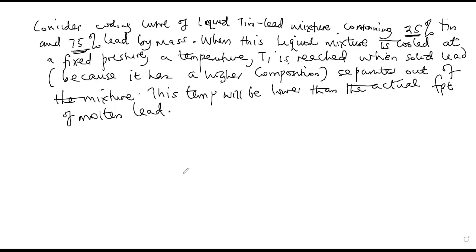The component with the higher composition solidifies out of the mixture first. And this temperature has to be lower than the actual freezing point of molten lead. That one should be understood, because the moment we start phase diagrams for these eutectic mixtures, we shall be interested in all this information.